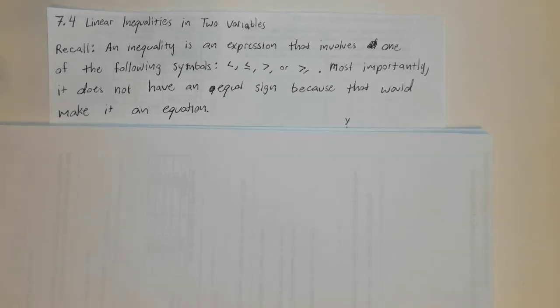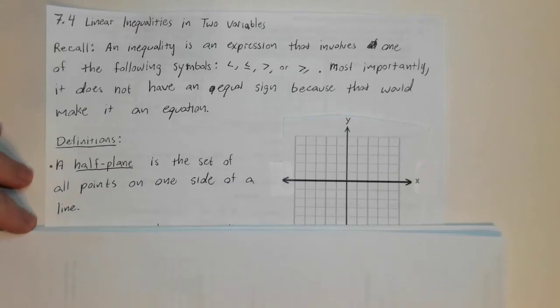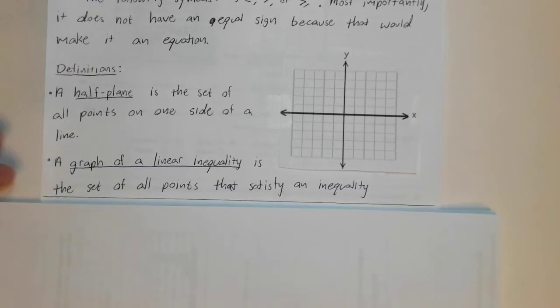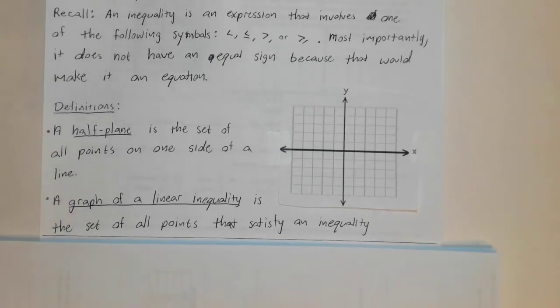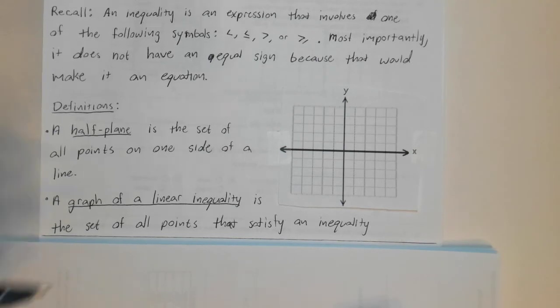Let's move on. We have to discuss a couple of definitions because I'm going to be using some terms, and rather than just talk about them blindly, I want to tell you what they are. A half plane and the graph of a linear inequality. A half plane is what happens when we graph a linear inequality. Let me show you what a graph of a linear inequality might look like.